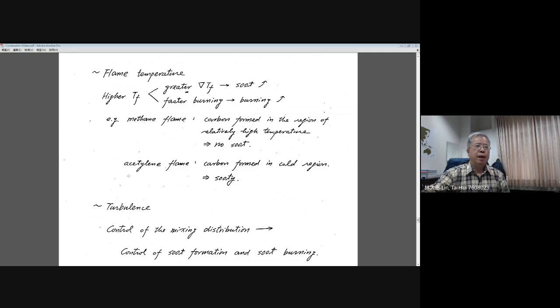But for the ethylene flame, the flame color is usually yellow because they will produce carbon. They have a thermal pyrolysis, a thermal decomposition process slightly away from the diffusion flame, because they do not need as large a temperature compared with the burning of methane.